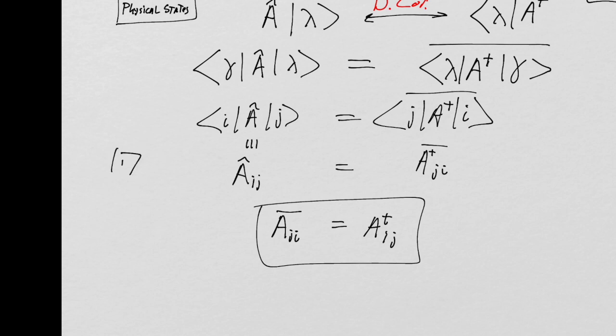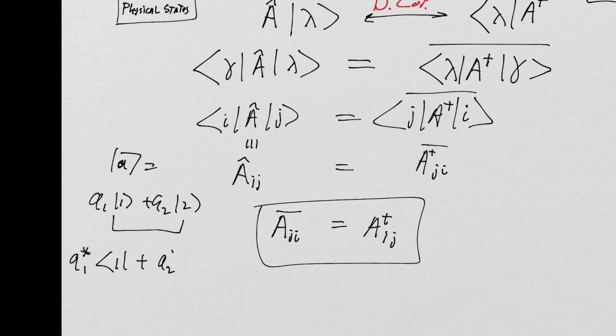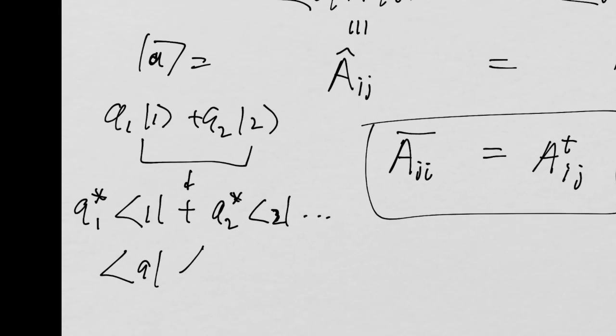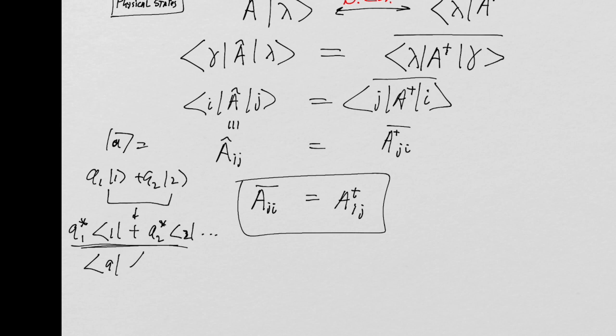Say some ket A, and they break it down into A1|1> plus A2|2>, and then they turn this thing into a column vector, and then they show that the associated dual, A1 star plus A2 star, etc., that the dual conjugate, which is the bra of A, is a row vector, and then they show you how all of this is literally matrix multiplication.